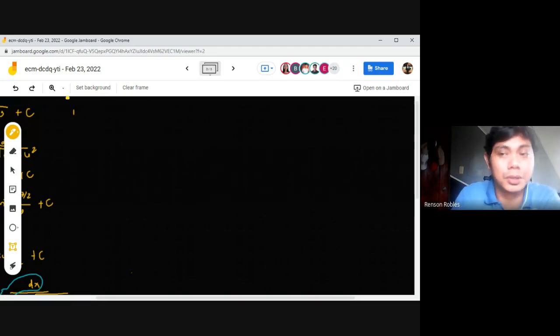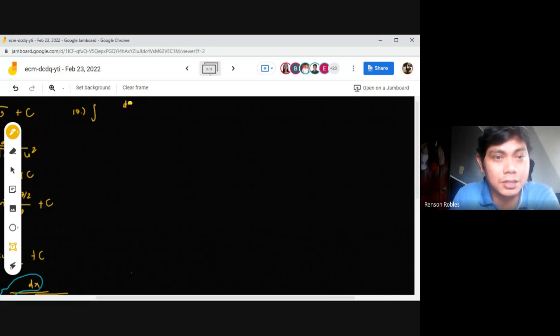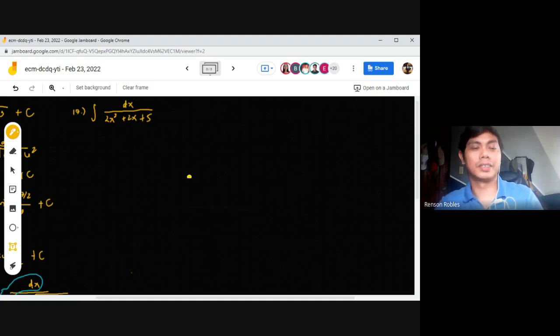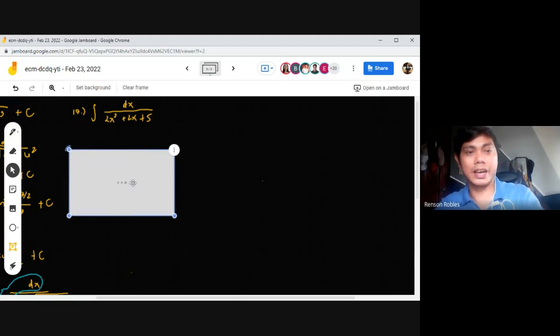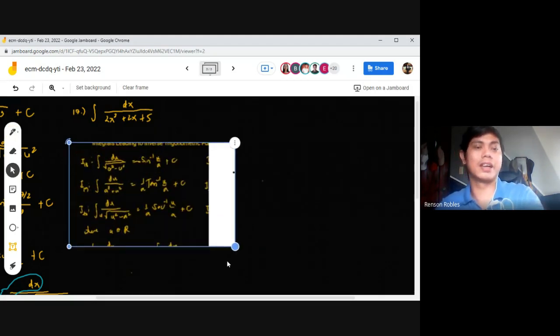Integral of dx all over 2x squared plus 2x plus 5. What did you notice? Let me paste again the formula. And then you analyze to what formula it will lead us.